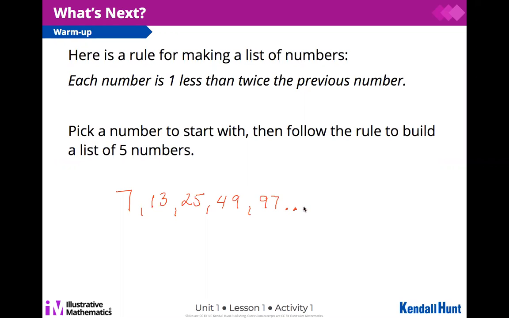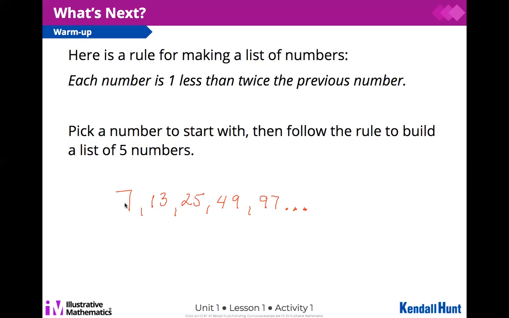I've just got the first 5 based on the number I picked to start with. Now we could have picked any number to start with. We could have picked 1 or 0 or a negative number. We could have picked any number.